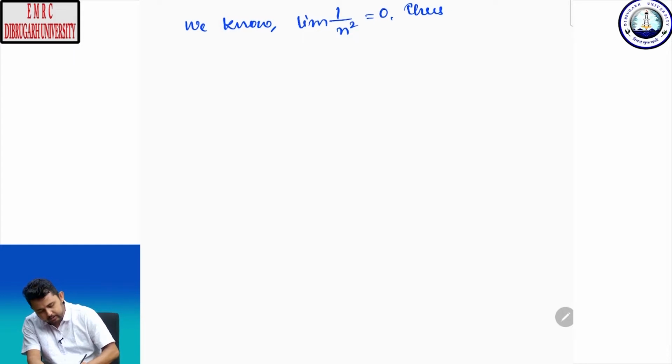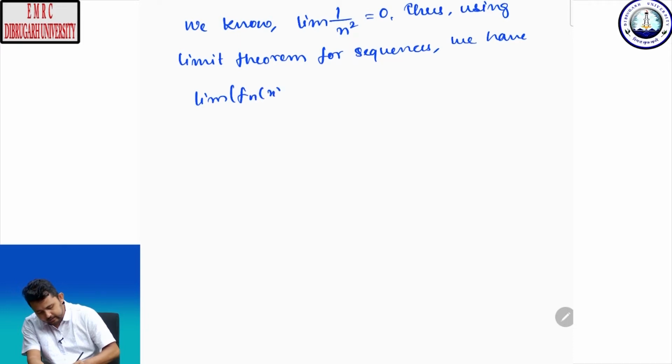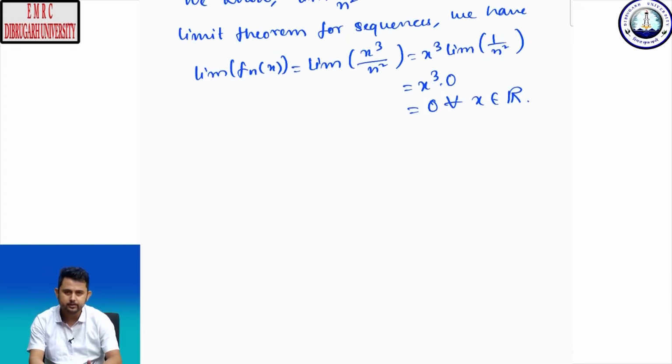Thus, using limit theorem for sequences, we have limit f_n(x), this becomes limit x cube by n square, which becomes x cube times limit 1 upon n square, which is equal to x cube into 0, which equals 0 for all x in R. So, as per the limit theorem, f(x) equal to 0 is our pointwise limit.